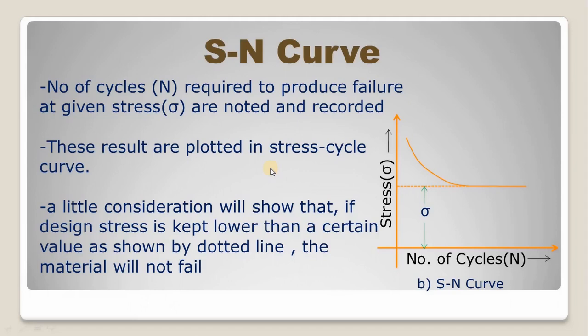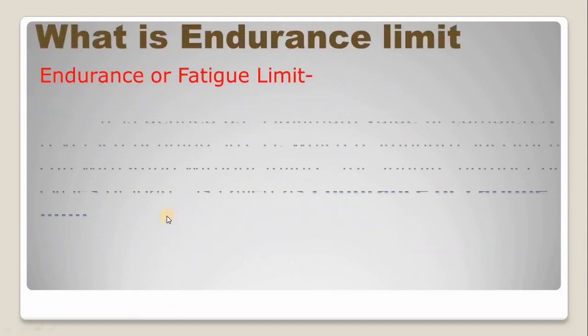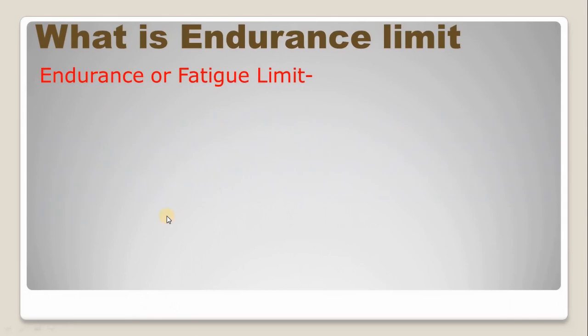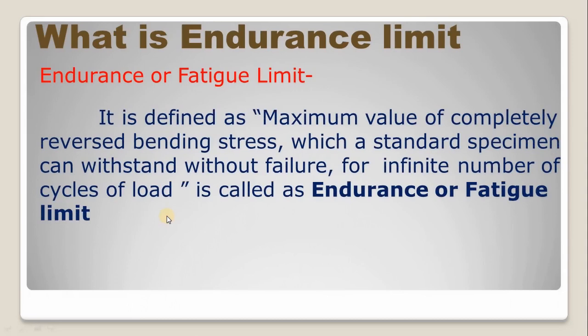So we can say this is the endurance limit or fatigue limit. The endurance limit can be defined as the maximum value of completely reversed bending stress which a standard specimen can withstand without failure for an infinite number of cycles of load. It's called the endurance or fatigue limit.